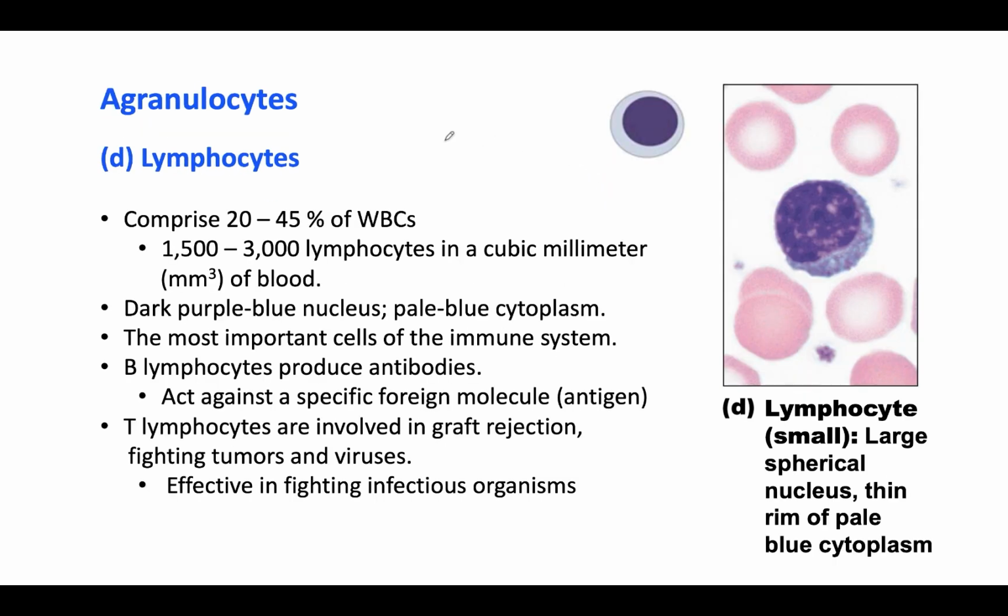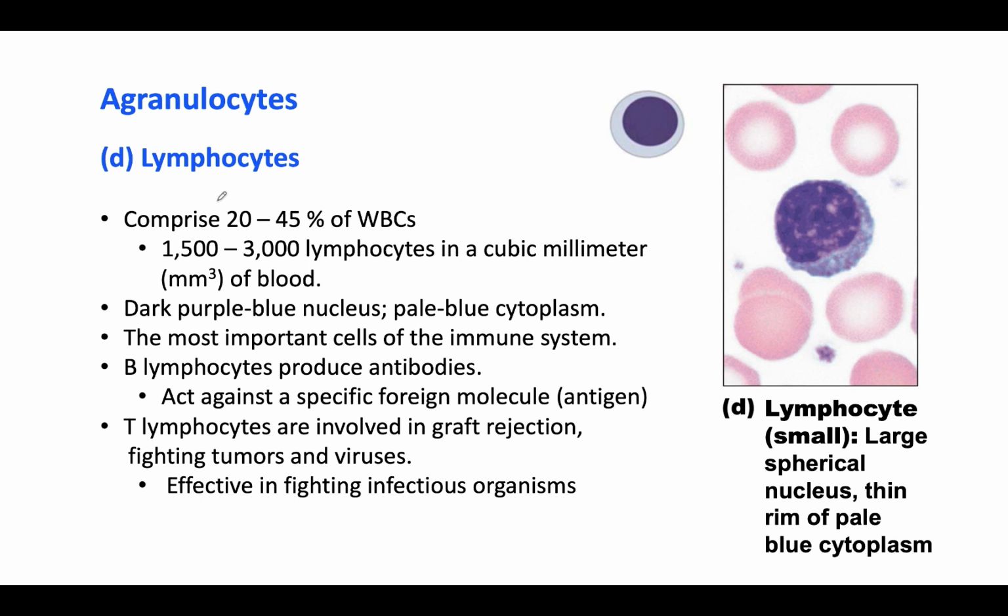Agranulocyte. One of the agranulocytes is lymphocyte. Lymphocytes make up about 20 to 45% of white blood cells. So there are 1,500 to 3,000 lymphocytes in a cubic millimeter of blood.